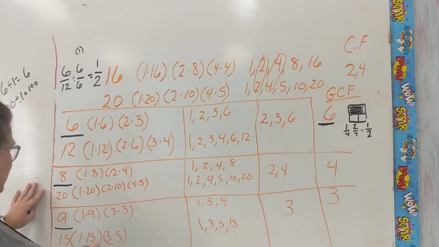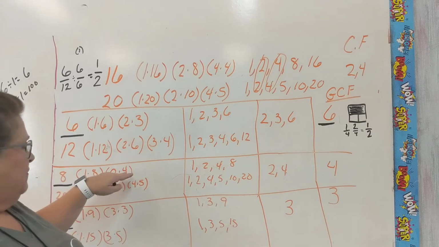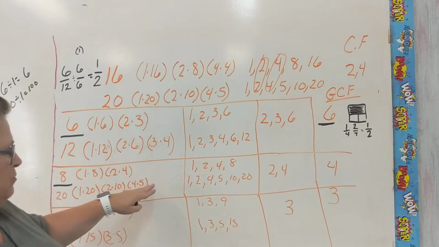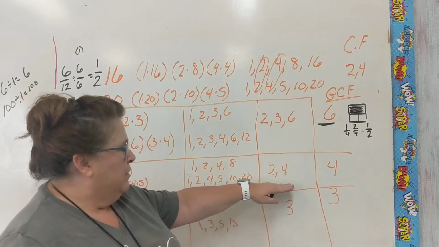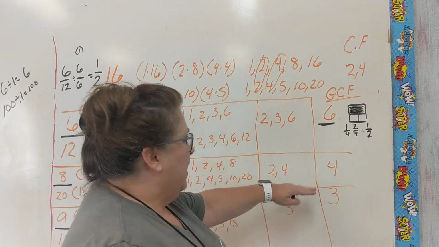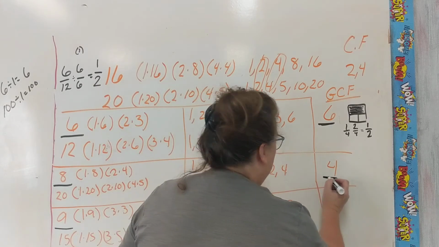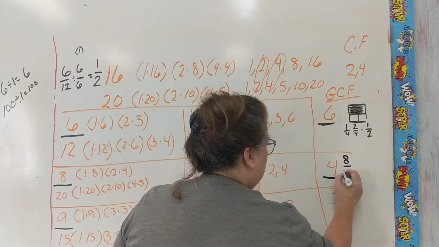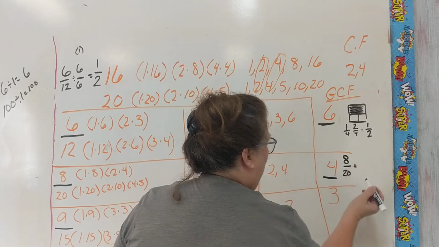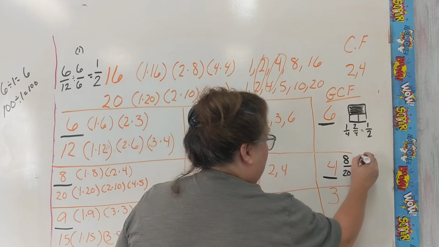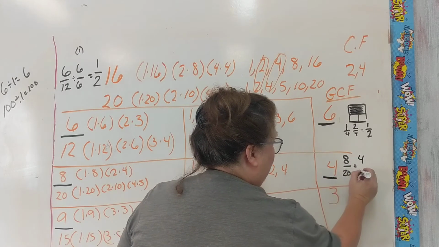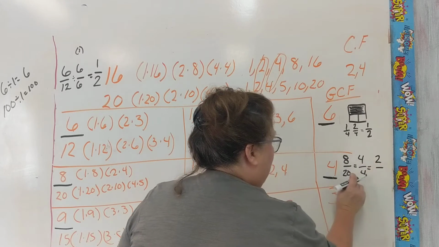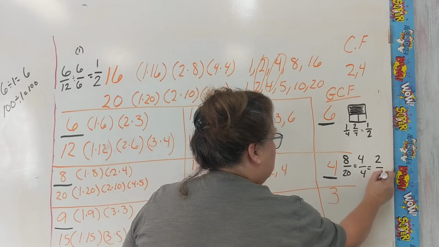Okay? Let's look at 8/20. For 8, we found our factor pairs, we listed out our factors. For 20, we found our factor pairs, we listed out our factors. We wrote our common factors. We found our greatest common factor, and it was 4. So if we take our 8/20 and we divide it by 1 in the form of our greatest common factor, 4/4, 8 divided by 4 is 2, and 20 divided by 4 is 5.